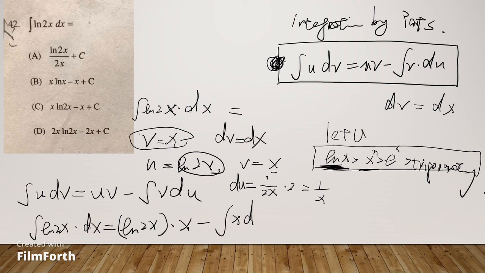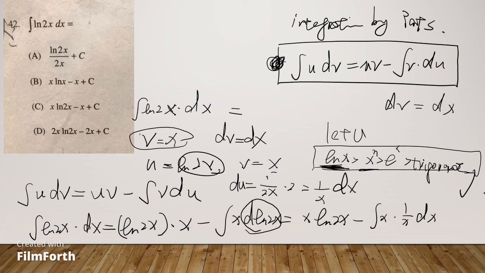So we write it directly. It's x times ln 2x minus the integral of x times 1 over x dx.